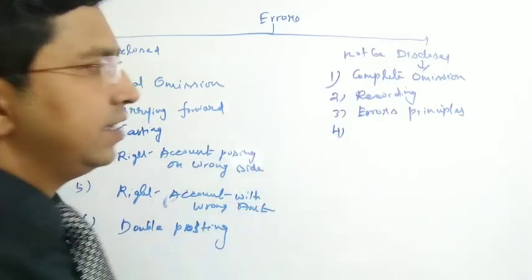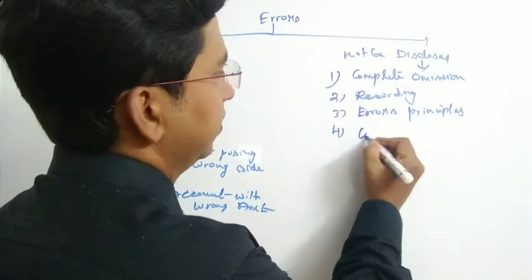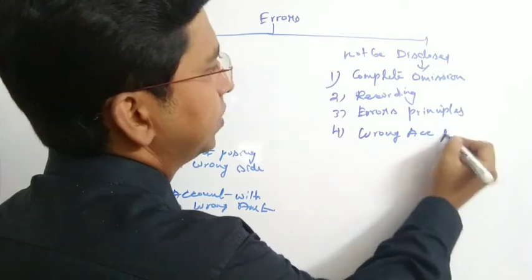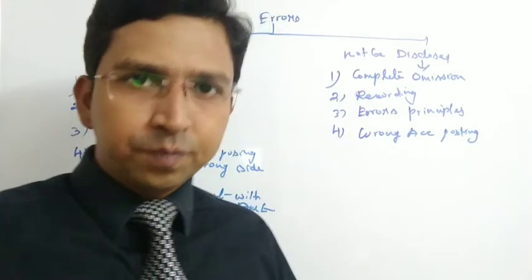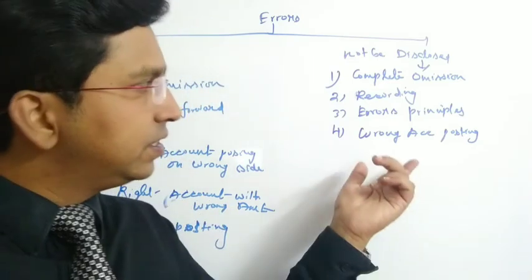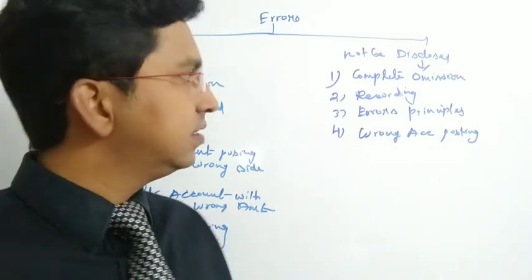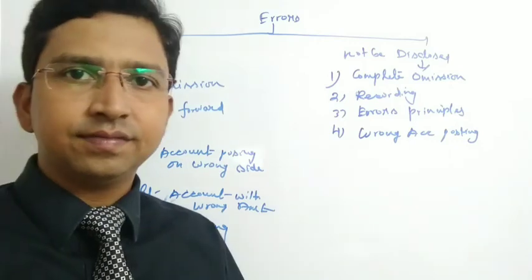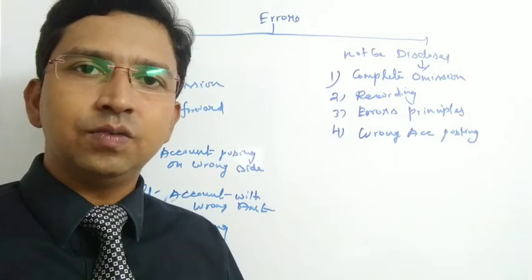And the next one is wrong account posting. Even though we are posting on the right side with the right amount, if we post that amount to the wrong account, then it falls under this kind of error. Wrong account posting. Goods sold to Raja. So Raja account debit to sales account.